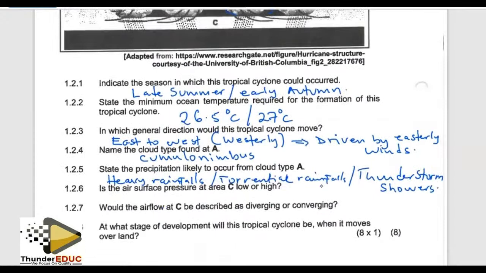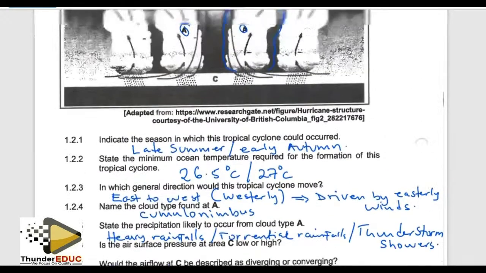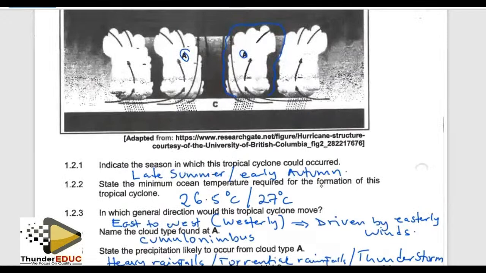Question 1.2.6: is the air surface pressure at area C low or high? Let's go and look at C. This is point C here. I think the first concept we need to know is that at point C, we see air converging.